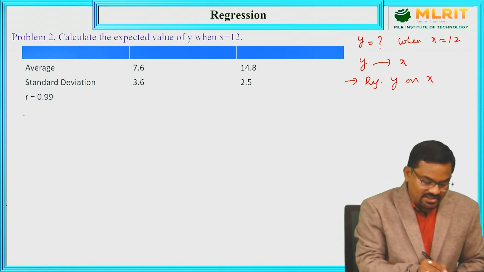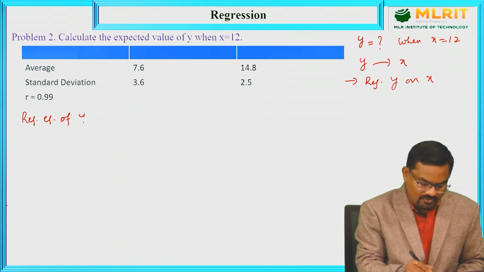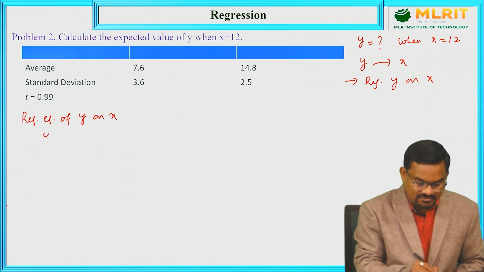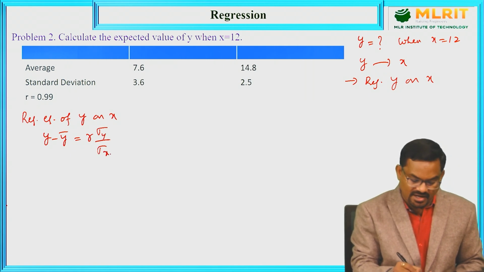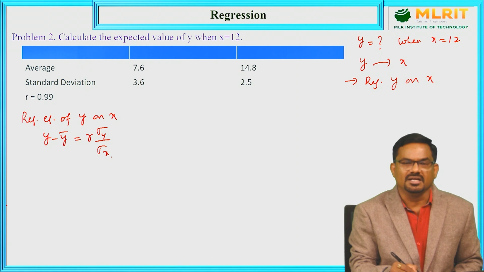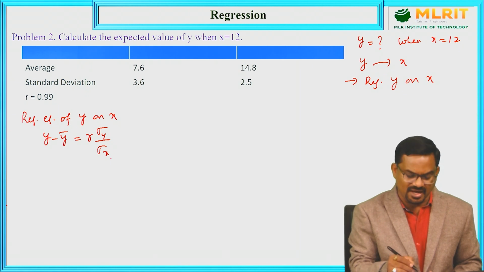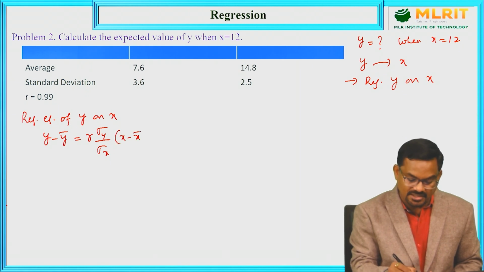So, what is the regression equation of Y on X? Regression equation of Y on X is Y minus Y bar is equal to R into sigma Y by sigma X, where sigma Y and sigma X are standard deviations of Y and X values, multiplied by X minus X bar.